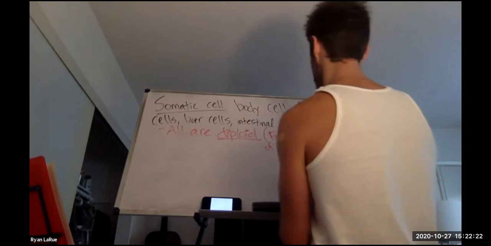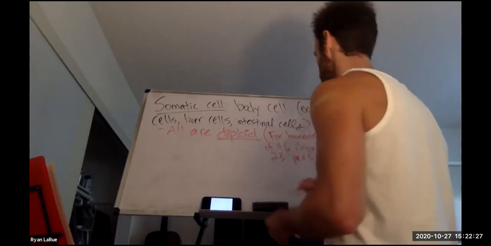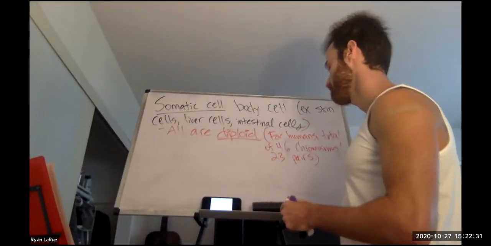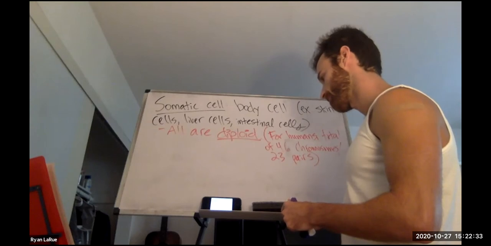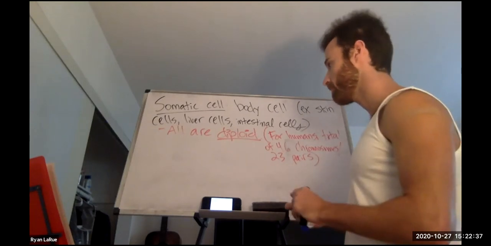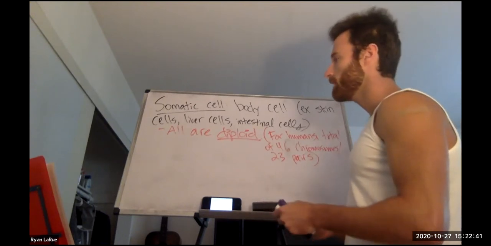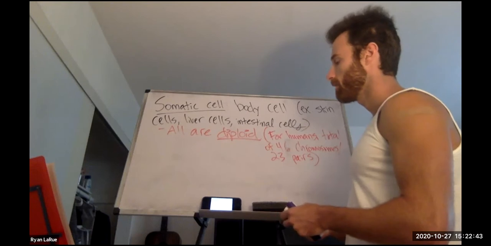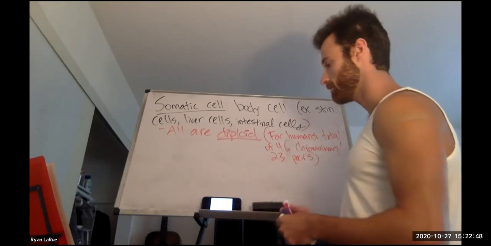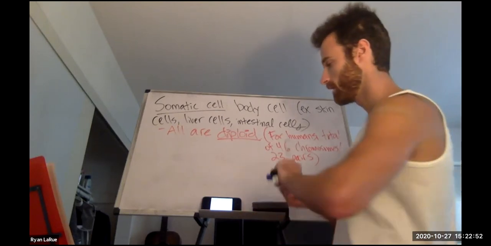Slash 23 pairs, right? This is 2 sets. And I'll go a little further here. We actually use this terminology to define a diploid cell or an organism with diploid cells.